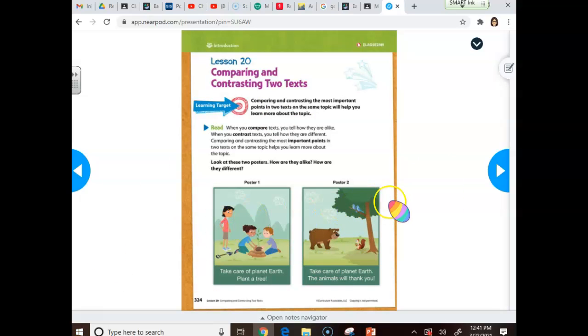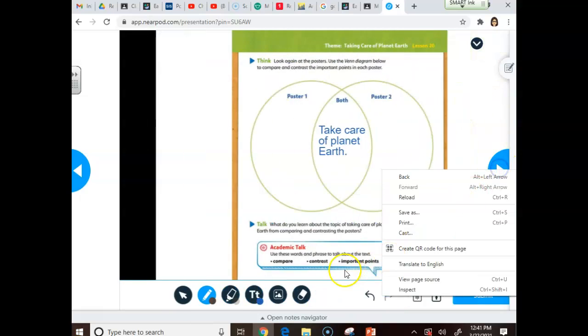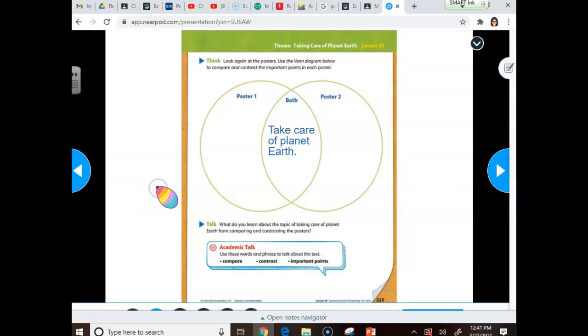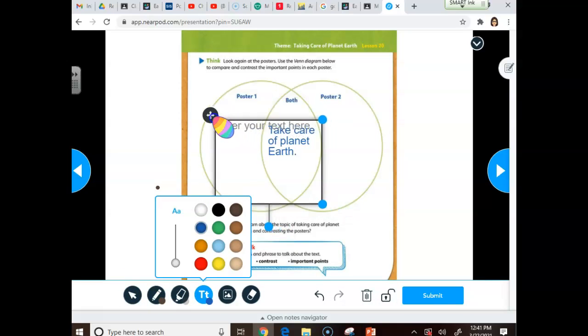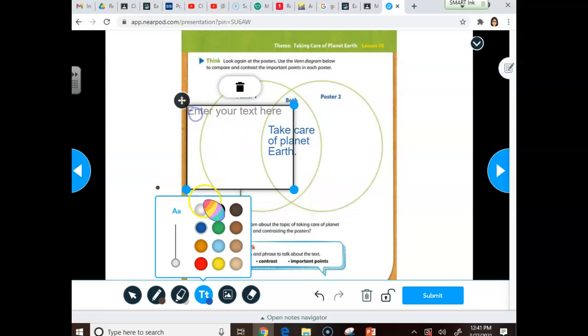All right, so let's go back and look at our chart. So poster 1: people plant a tree.